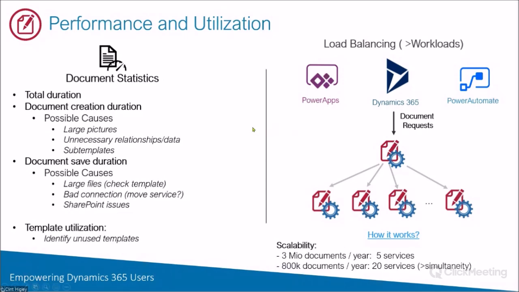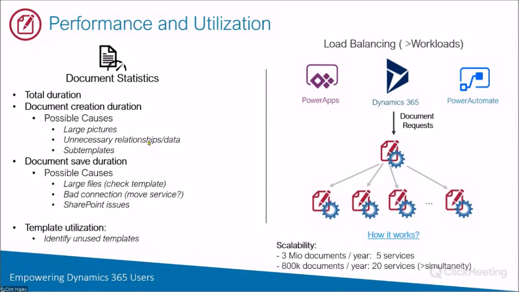Usually this is really fast. One of the things that we usually see, and this is a good reason to know where to look, is some of the probable causes of long document generation times. I see a lot of people out there putting a lot of large pictures into their documents, and a lot of unnecessary relationships and data. What we mean by that, we'll show later.